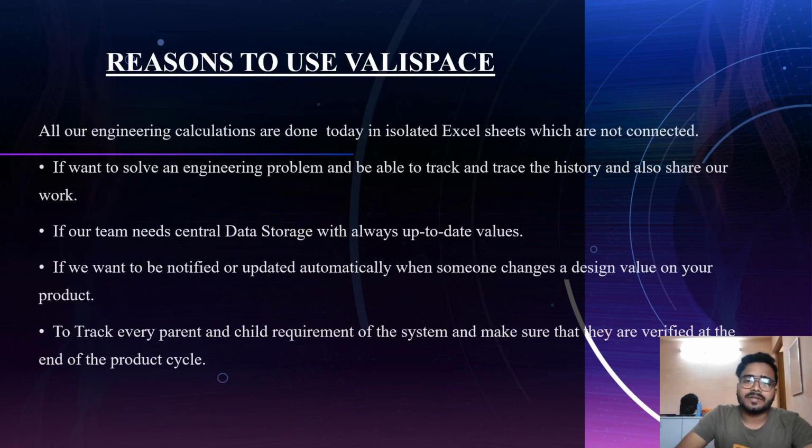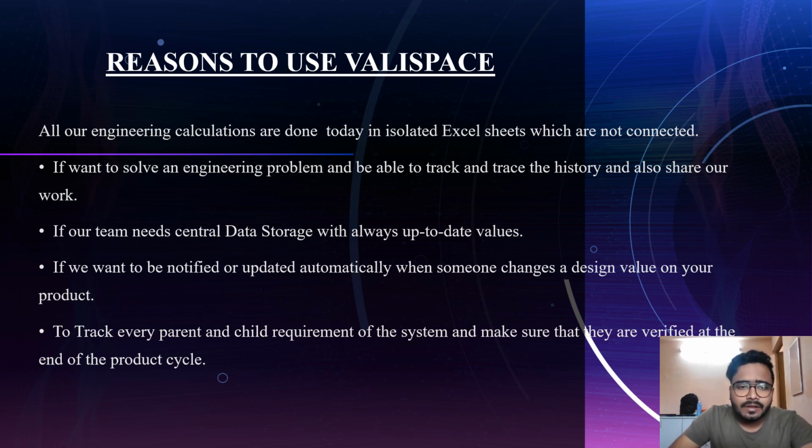Next slide is reasons to use Valispace. All our engineering calculations are done today in isolated Excel sheets which are not connected. First reason: if we want to solve an engineering problem and be able to track and trace the history and also share our work. Second reason: if your team needs central data storage with always up-to-date values.